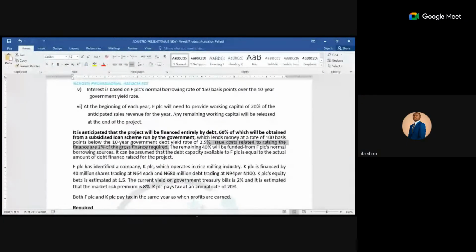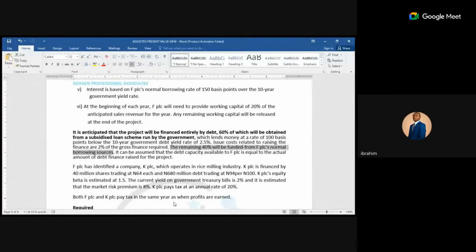Now, the remaining 40%, okay, they even mentioned it. The remaining 40% will be funded from FPLC normal borrowing sources. And what is the normal borrowing source? It is commercial.